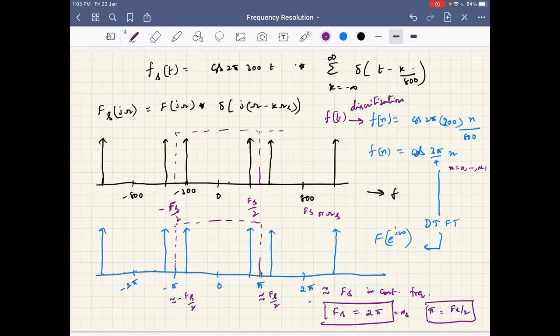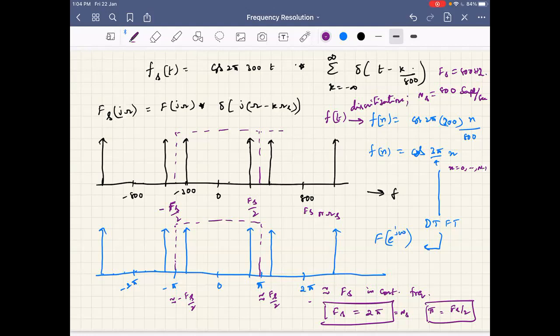That is, assume that the sampling frequency is 800 Hz. 800 Hz means that I'm taking 800 samples per second. That means if I denote the number of samples per second as ns, then I'm essentially taking 800 samples per second.